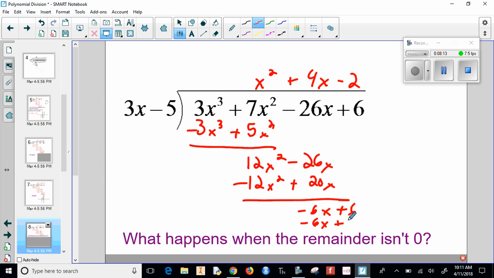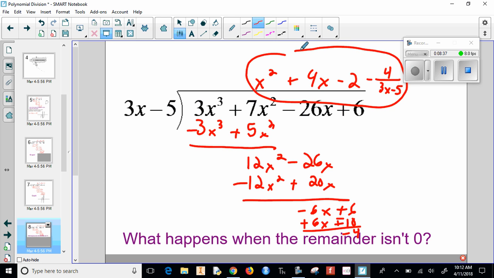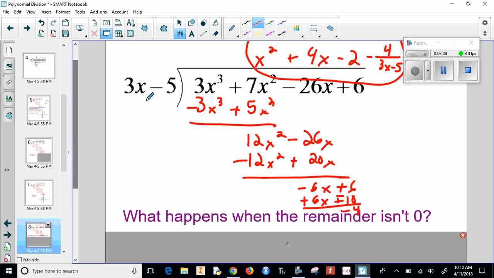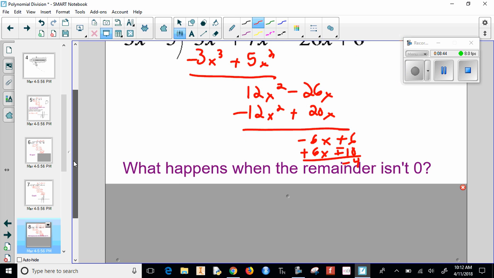When I change the signs, this would be negative 4. Now, typically when we have a remainder, we would put that over the divisor as a fraction, and that's exactly what we're going to do here. So we're going to do minus 4 over 3x minus 5. And so this is our answer here. So that means that 3x minus 5 doesn't divide evenly, so that's not a 0.